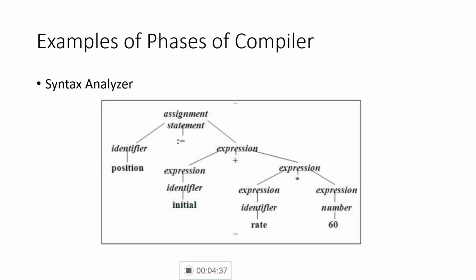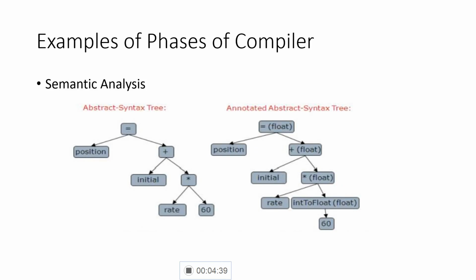Now the third phase of compiler is semantic analysis. Semantic analysis is going to convert the parse tree into the abstract syntax tree as well as the annotated abstract syntax tree. The abstract syntax tree is just the parse tree written compactly. In the annotated syntax tree, it is going to convert integers into real values.